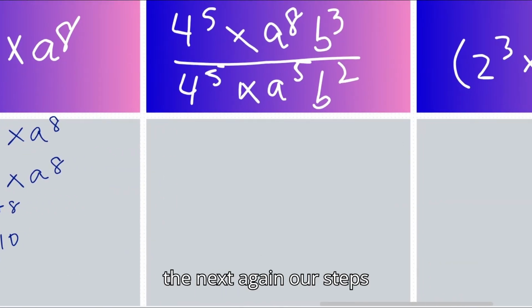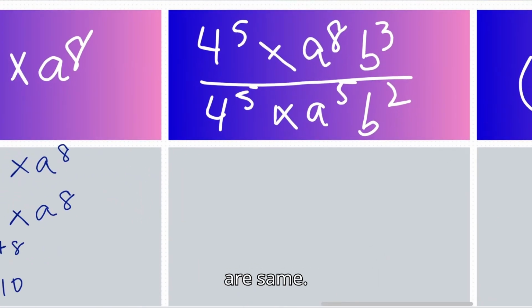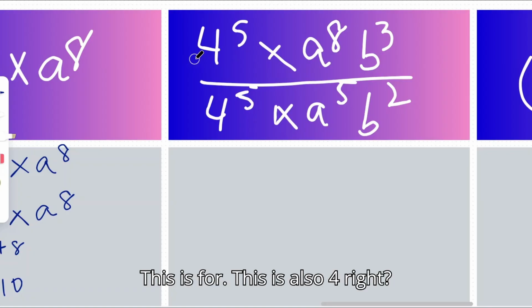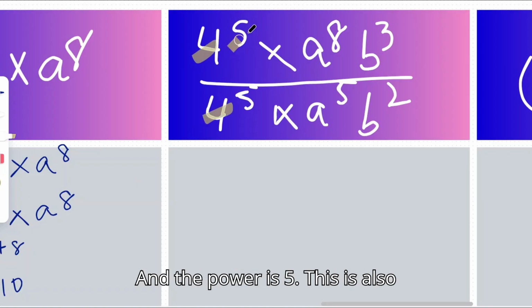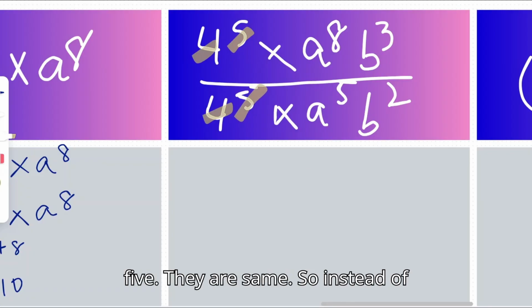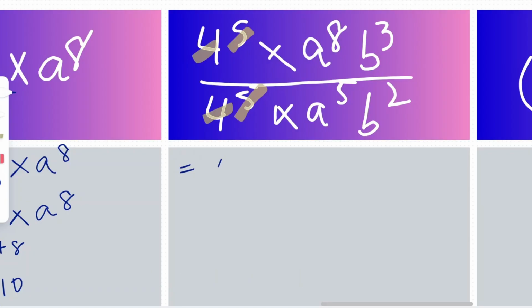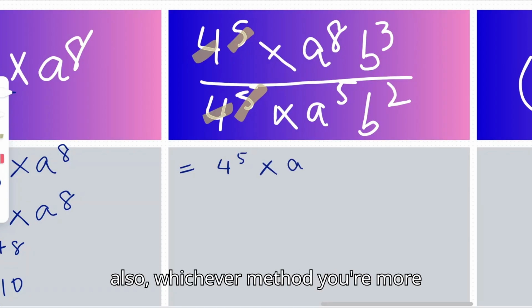Now the next, again, our steps are same. See, you see the bases here, compare them. This is 4, this is also 4, right? And the power is 5. This is also 5, they are same. So instead of solving it, just cancel them here. Or you can write 5 minus 5 also, whichever method you're more comfortable with.